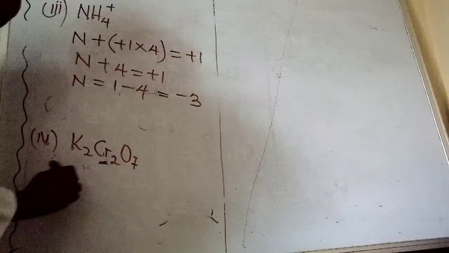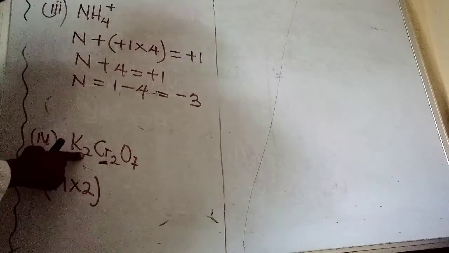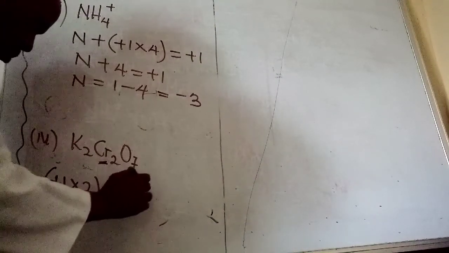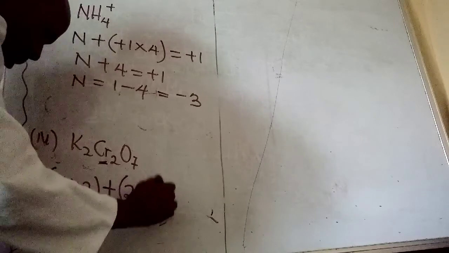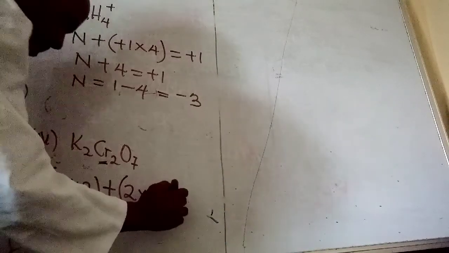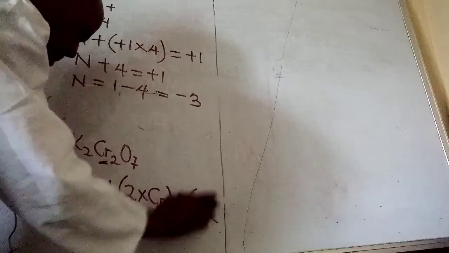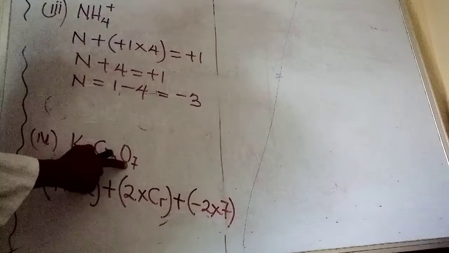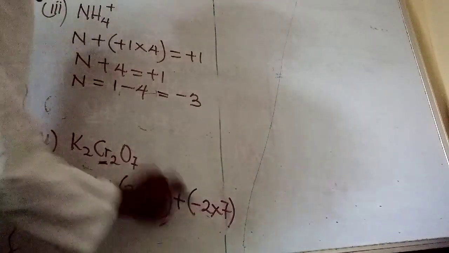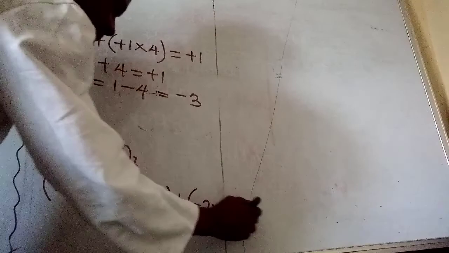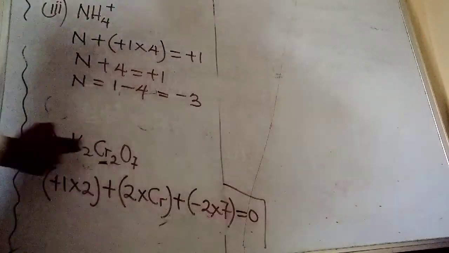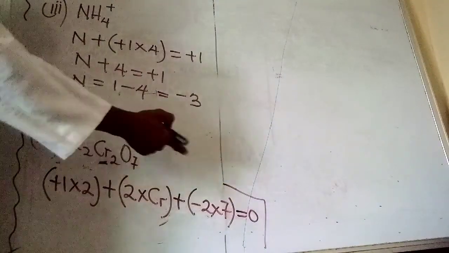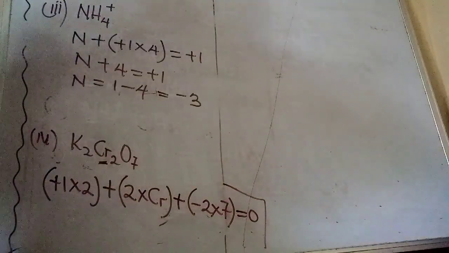That will be plus 1 times 2 because of these 2 atoms of it, plus 2 times chromium. We are looking for chromium, plus minus 2 times 7, which is for oxygen. Oxygen has oxidation number of minus 2 times this 7. Everything equals 0. Do not forget this is a compound, not a radical like this. So it will equal 0, as we have done in the previous examples.